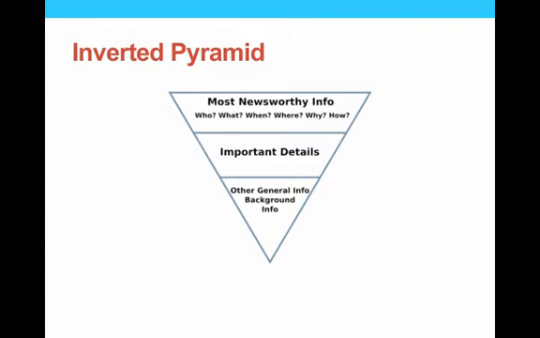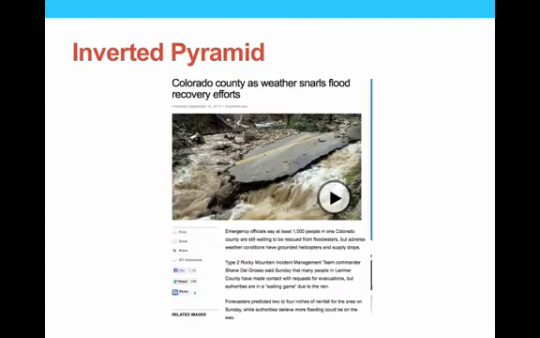But if you just read part one, or just part one and part two, you would have a pretty good understanding of the story and the issues surrounding it. So it might be helpful to demonstrate this by showing you in a news story itself.